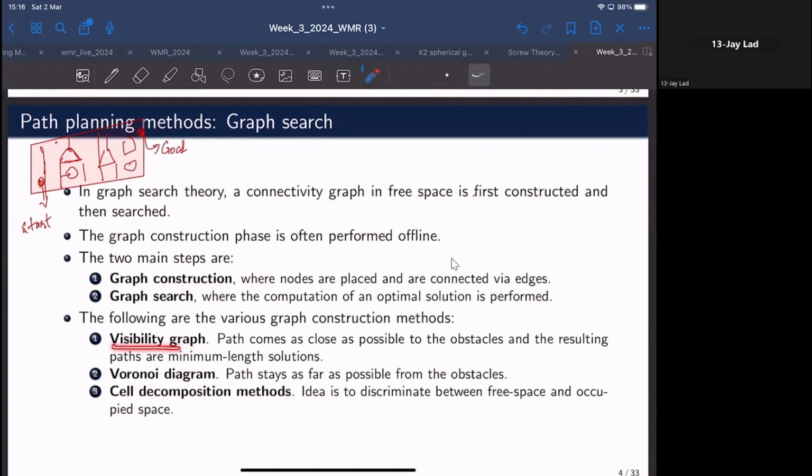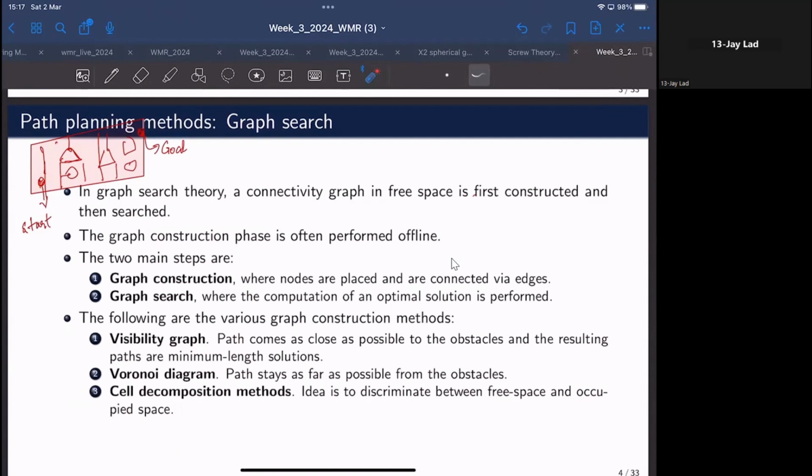The first would be the visibility graph, where the defining feature is that the robot's path would come as close as possible to the obstacles. This may have advantages and disadvantages.